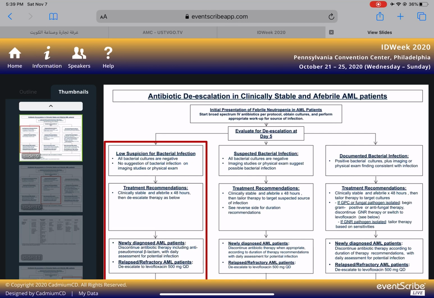In the low suspicion group, if that's the case, then we ask them to de-escalate therapy. By de-escalation, we mean going to prophylaxis, usually with a quinolone for refractory relapse AML patients, or if it's a newly diagnosed AML patient, we actually discontinue all antibiotic therapy and just do a watch and wait approach at that point.